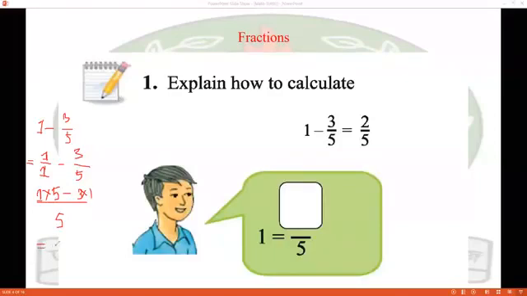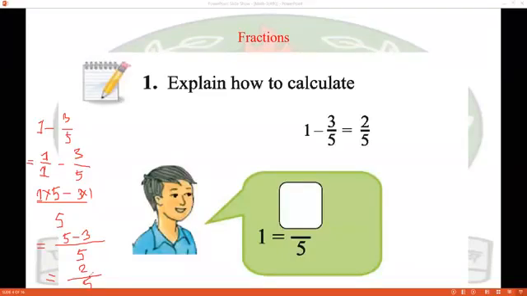Then 1 into 5 means 5, 3 into 1 means 3. So we can write 2 by 5. This is the result.